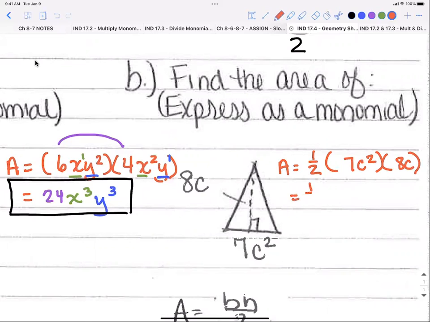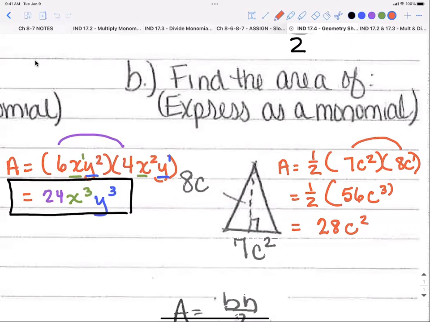So for now, I'm going to leave the 1/2 alone. And I'm going to take 7 times 8, which is 56. And then c squared times c to the 1 is c cubed. And then for the final step, take half of 56, which is 28, and c cubed.